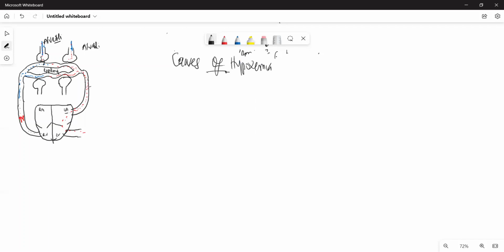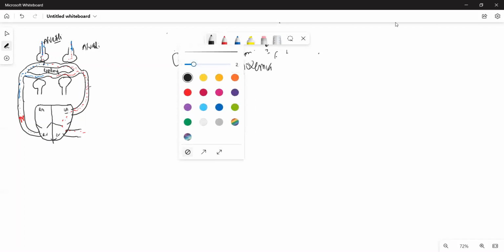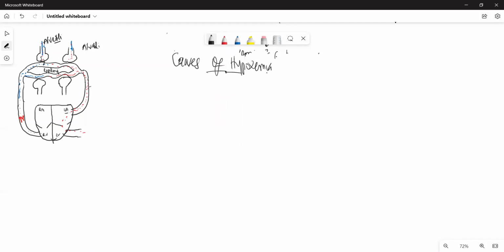Before we talk about the causes of hypoxemia, there are three main determinants that I want us to remember, which is going to make it very easy for us to remember the causes of hypoxemia.